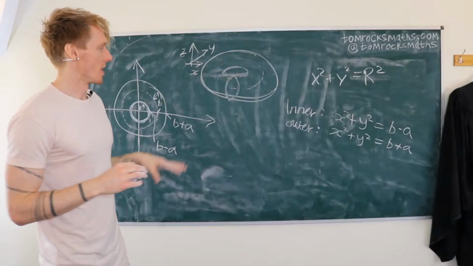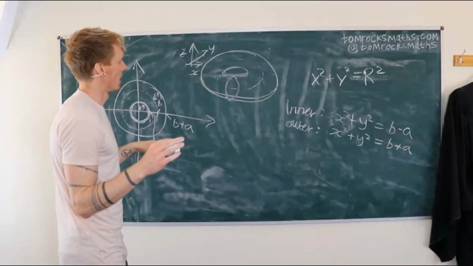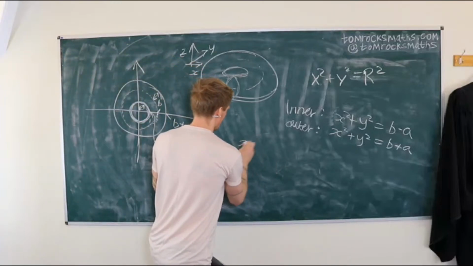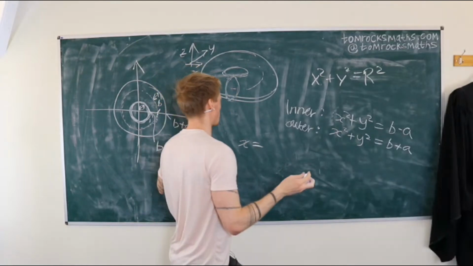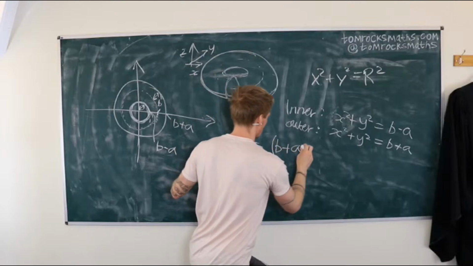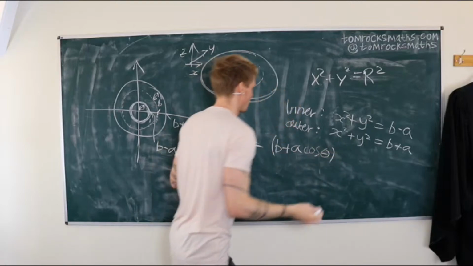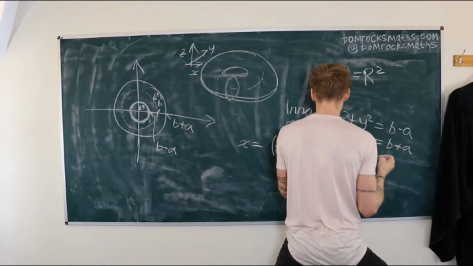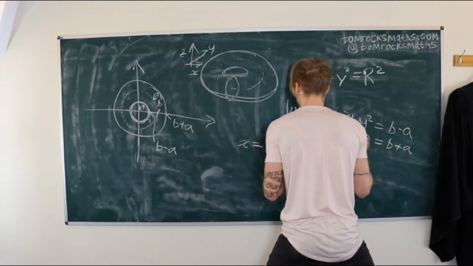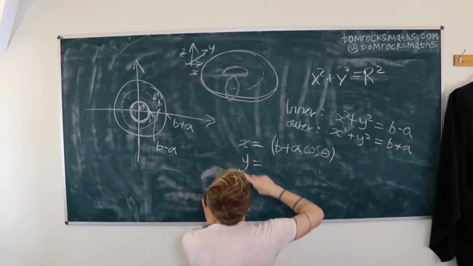And then when you want to define this now in 3 dimensions, I have to remember how to do this. I think it looks something like x is equal to b plus a cos theta, times... oh, I'm going to forget what's y and what's z.